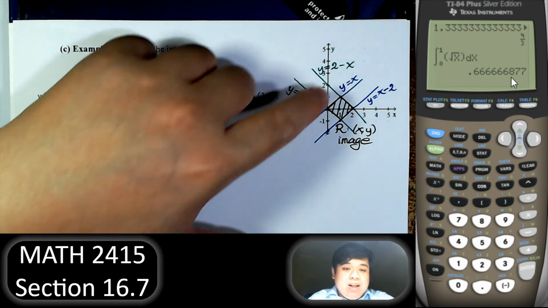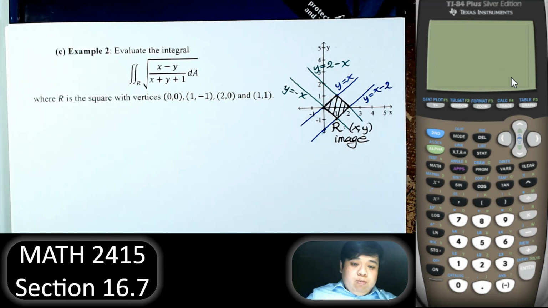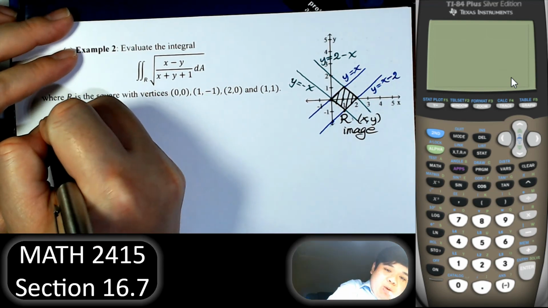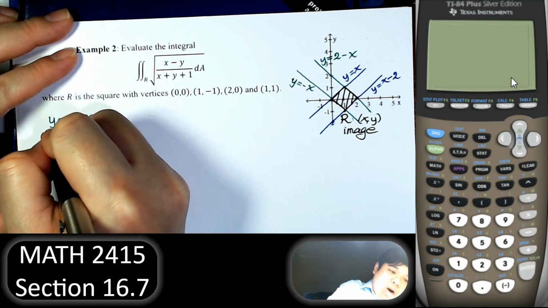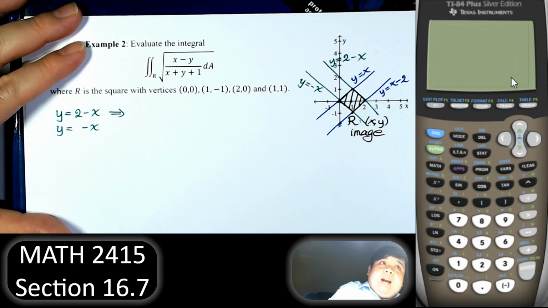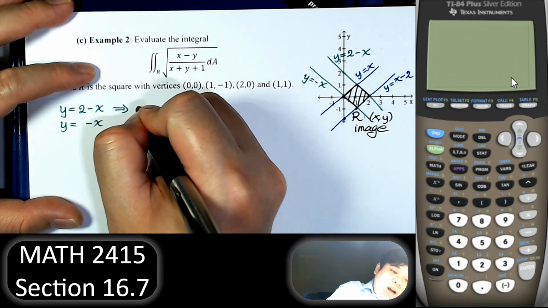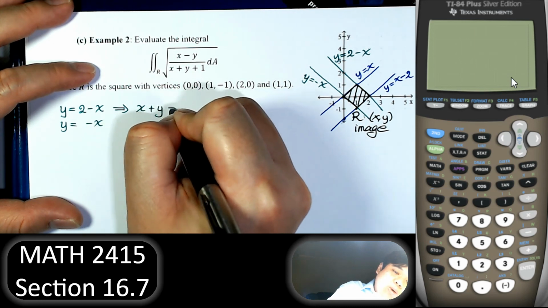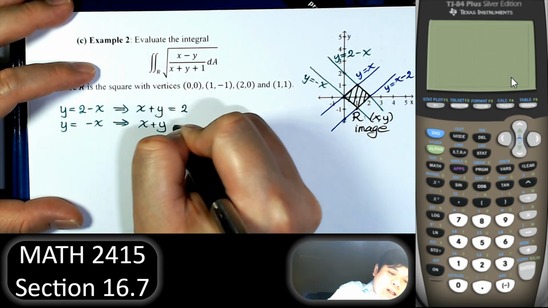Now, I will rewrite this. The 2 parallel boundaries, instead of y equal to 2 minus x and y equal to -x, I will write by moving x and y to one side. Adding x on both sides, we have x plus y equal to 2 and x plus y equal to 0.